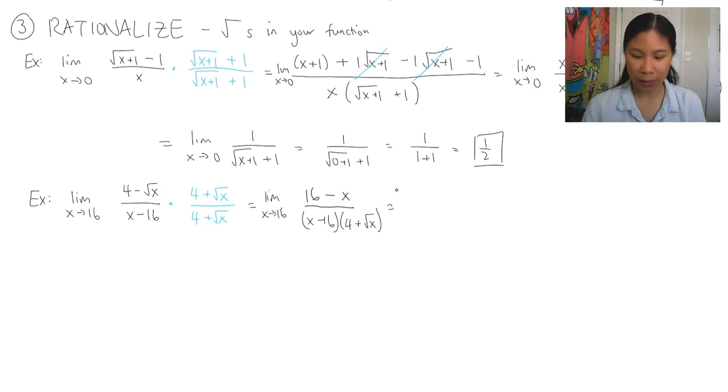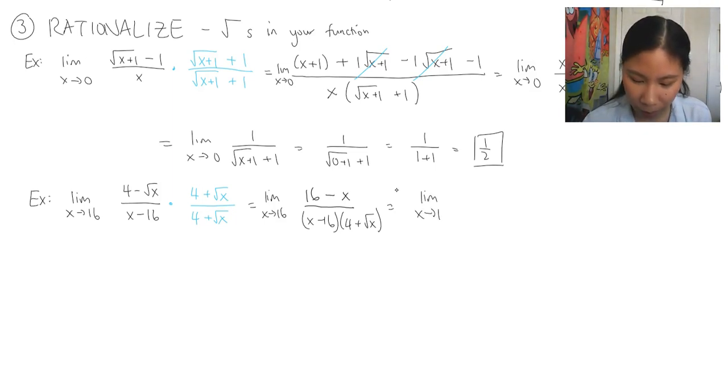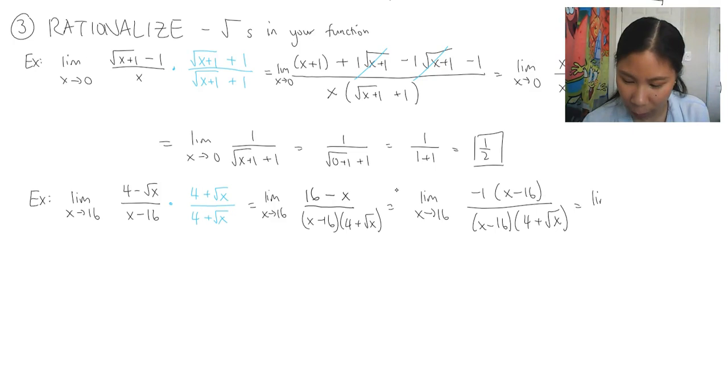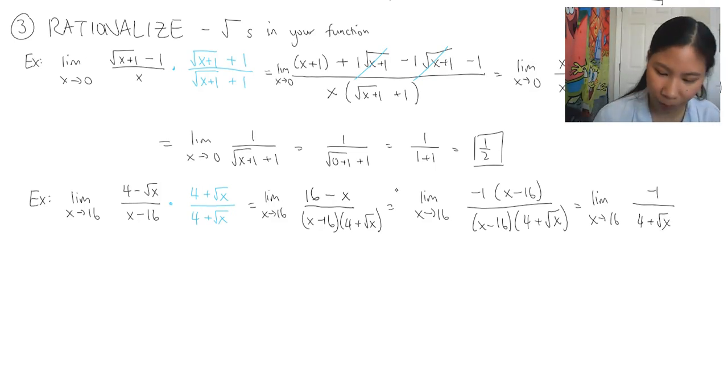I have the 16 minus x here and an x minus 16 here, so I can factor out a negative 1 so that I can make them match. Now I can cancel the x minus 16, which will leave me with negative 1 on top and that 4 plus root x on the bottom after that cancels out.